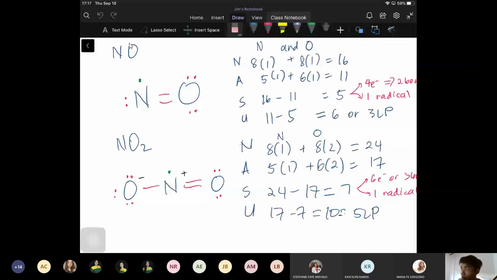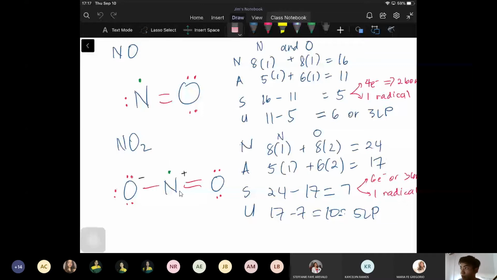Kunwari, nilagay mo na yung charge, pero odd numbers yan. So, that means yung isa doon ay radical, the other electrons will be used to bond, no? And then, you continue drawing the Lewis structure as is, then you place the radical na lang on the nitrogen. No? Sa nitrogen, madalas nilalagay yung radical. And you're done with that.